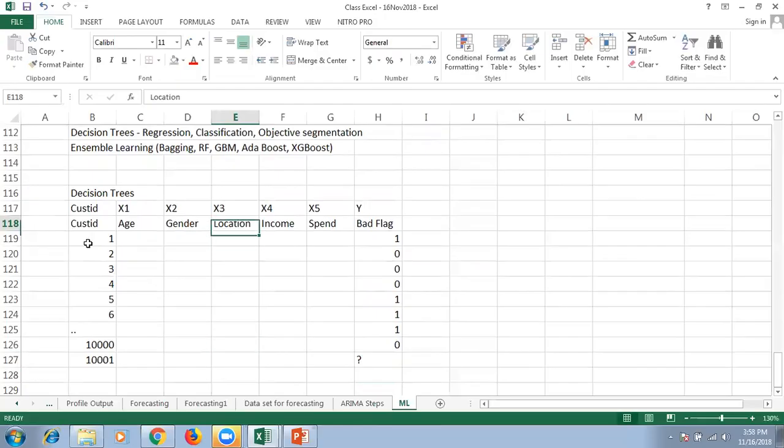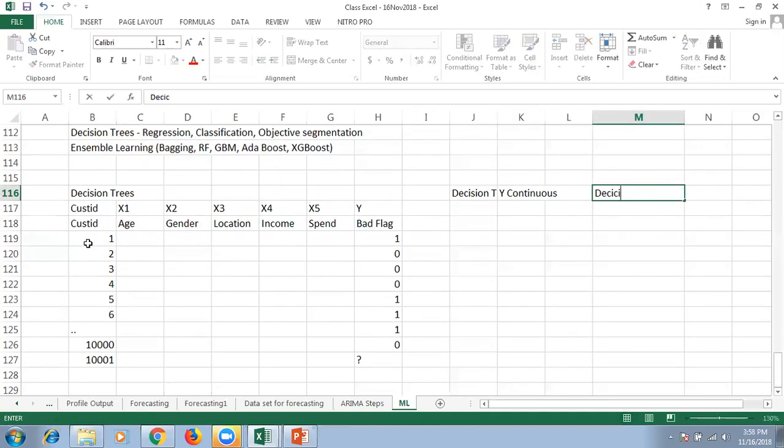Now, decision trees can be applied for both classification as well as regression. Suppose your Y is continuous, and the decision tree we call a regression tree. If Y is categorical, it's a classification tree.